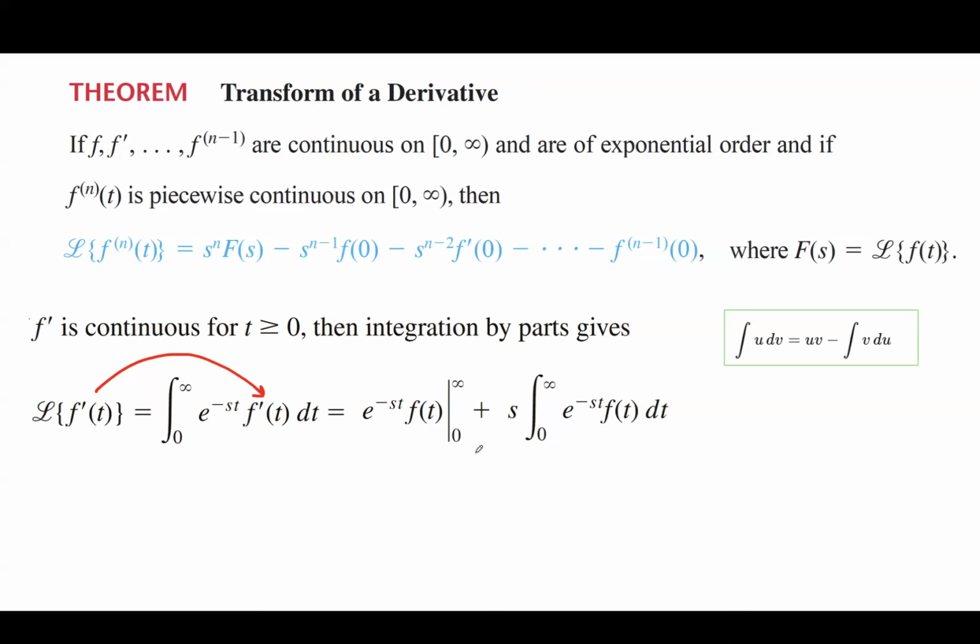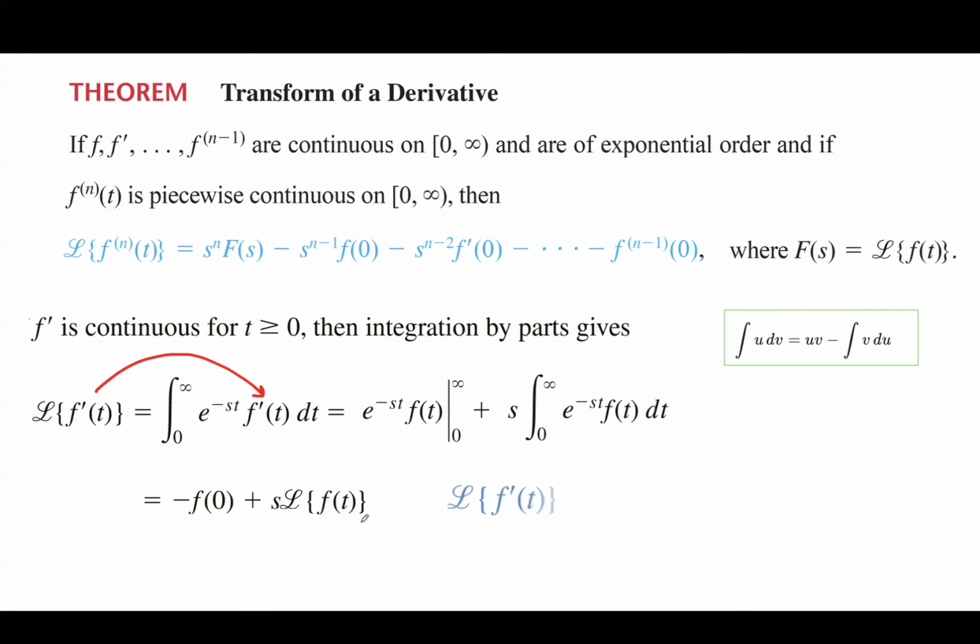We can do the computation here and simplify this as well. The Laplace of f prime of t can be written as negative f of 0, because when you plug in infinity, this term vanishes, and you end up with negative f of 0 plus s times this integral, which is the definition of Laplace of f of t.